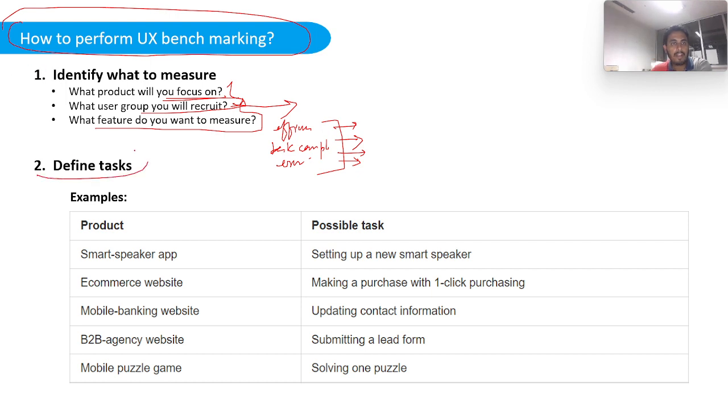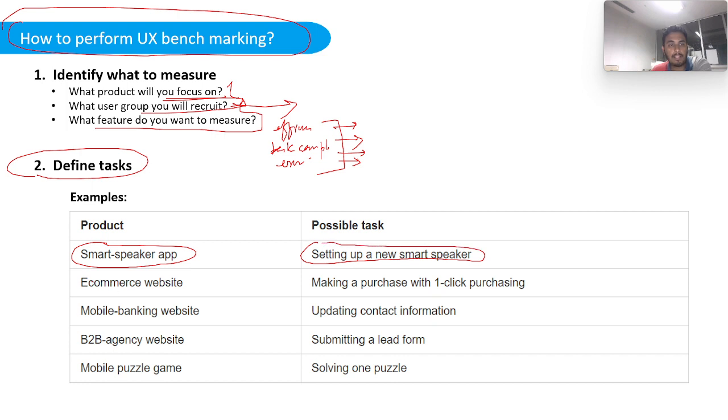Then you need to define the task. Now when you choose a particular feature, you need to define what you will ask that particular person to do. How you will measure, that's the question. So for example, if you have a smart speaker app, the possible task that you will ask the user to perform is setting up a new smart speaker.